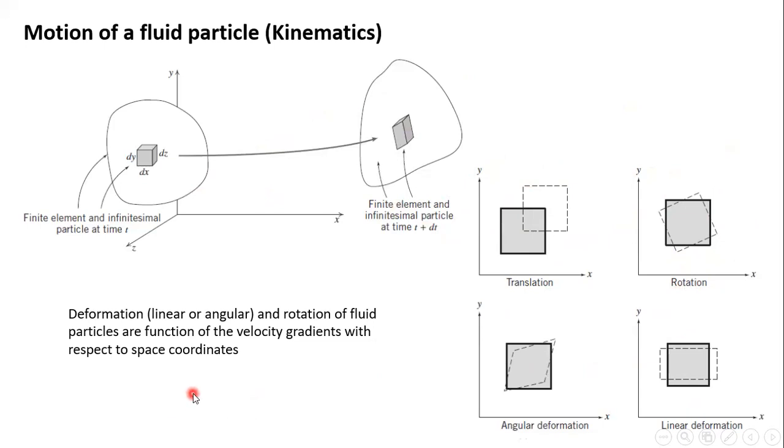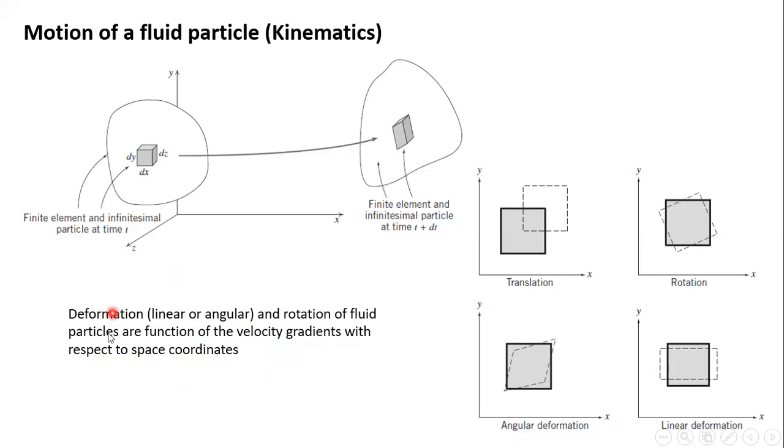Okay. We will learn later that these deformations, whether linear or angular, and even the rotation of fluid particles, are functions of the velocity gradients with respect to the space coordinates.